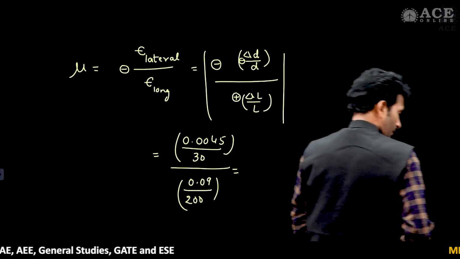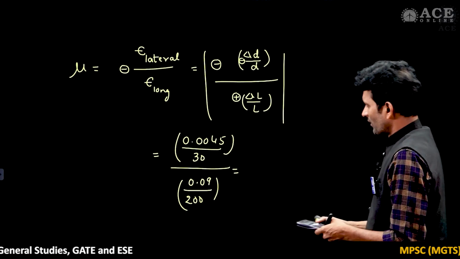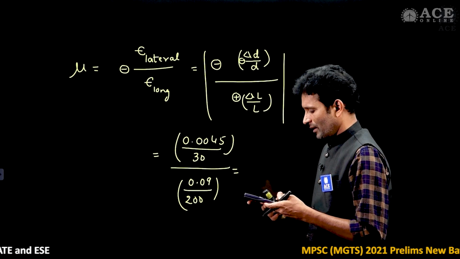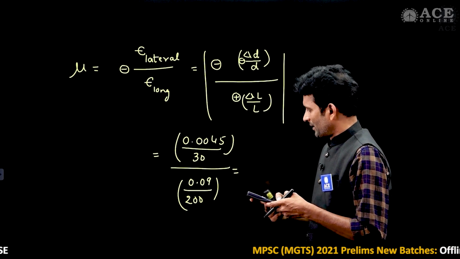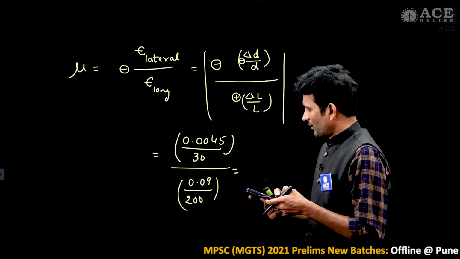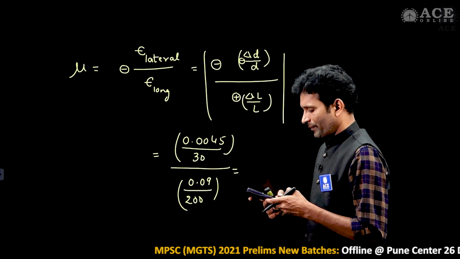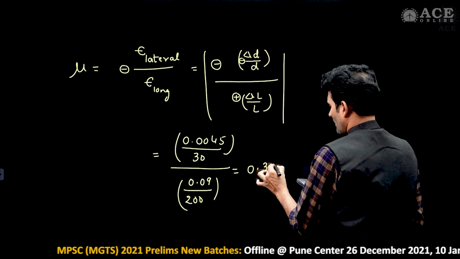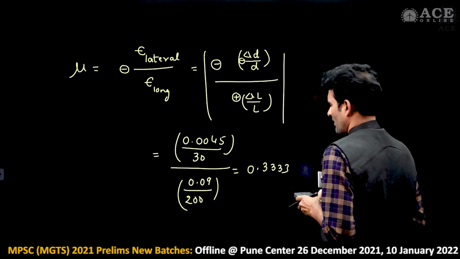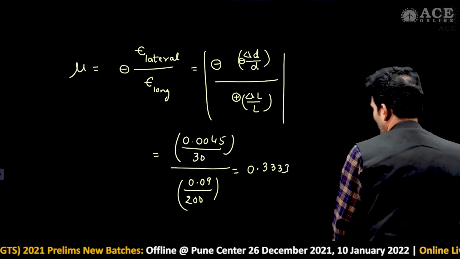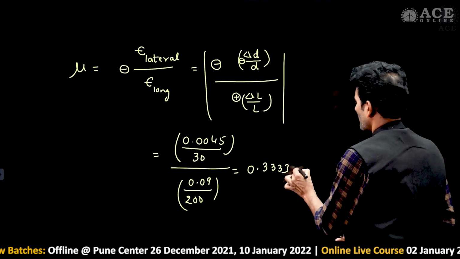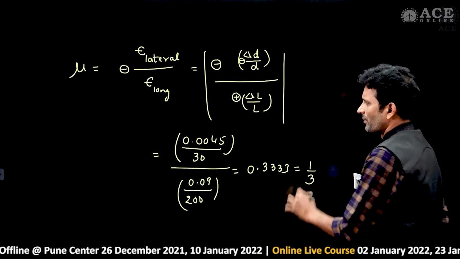To simplify, we have 0.0045 divided by 30, divided by 0.09 divided by 200. That gives 0.3333. See the options. The options are fractions, so converting into a fraction, it is 1 divided by 3.